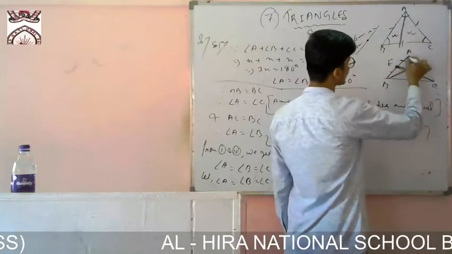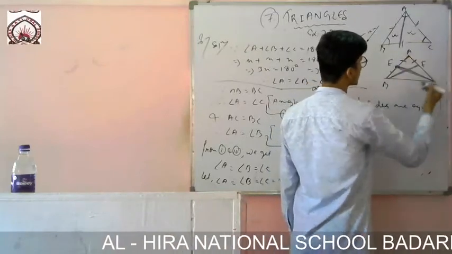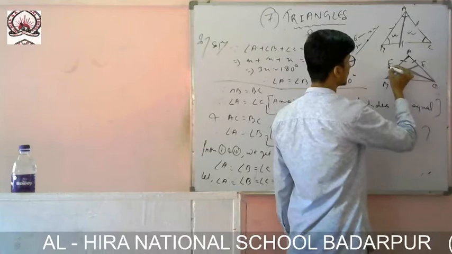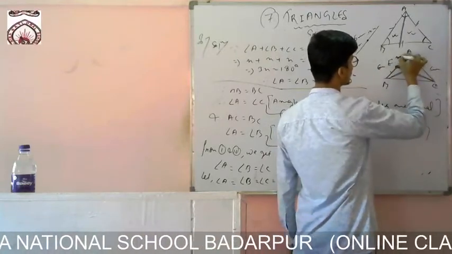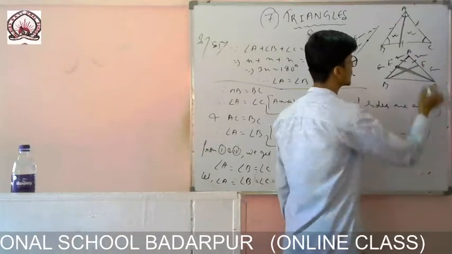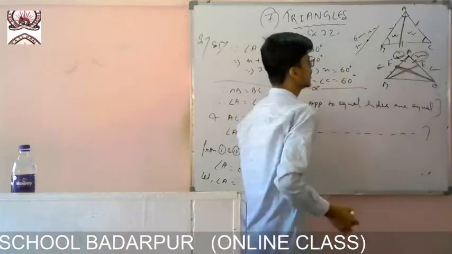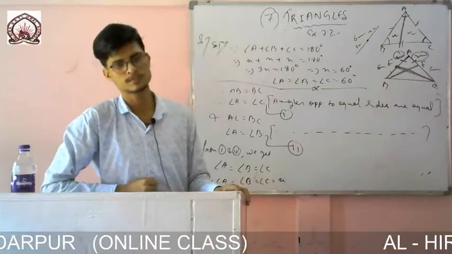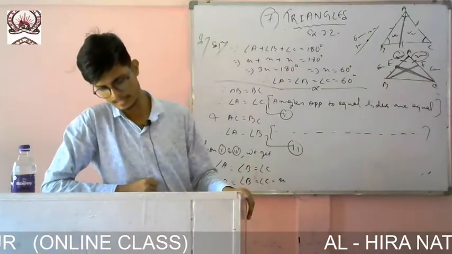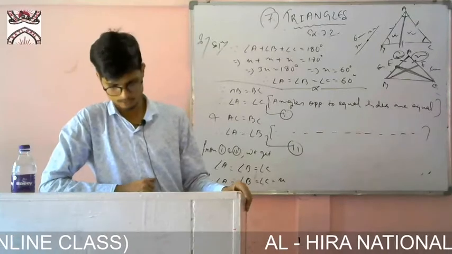And earlier I said that this line and this line are equal. So if these two lines measure 6 centimeter, each part will be 3 centimeter, 3 centimeter. That means these sides are also equal. So I can say that these two triangles are equal, and if these two triangles are equal, then I can easily say that their corresponding parts are also equal.